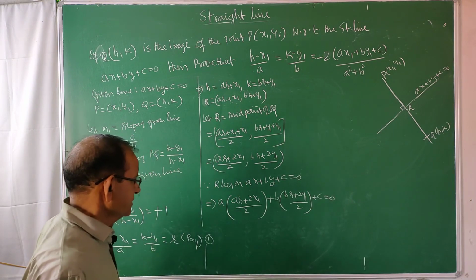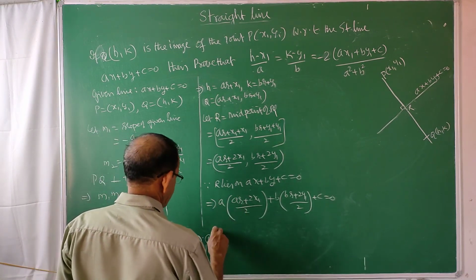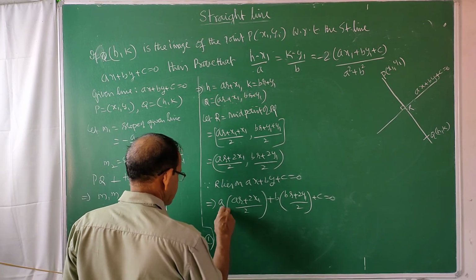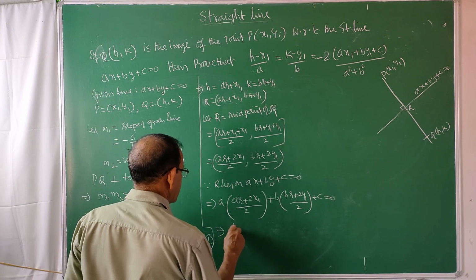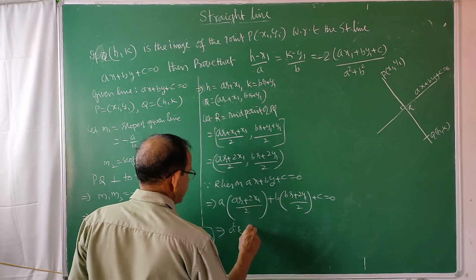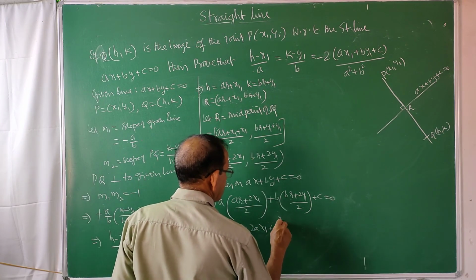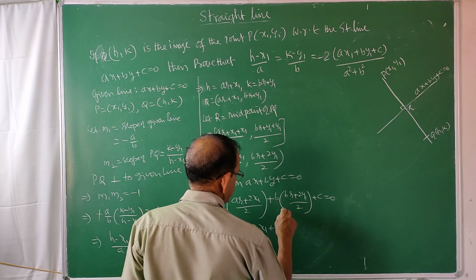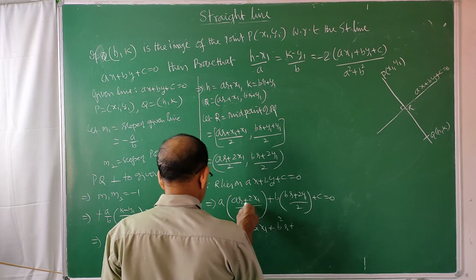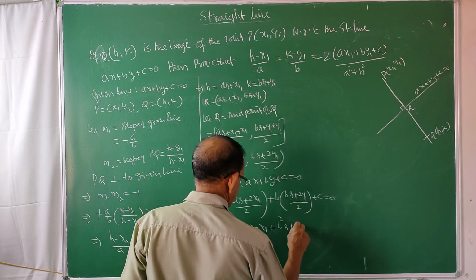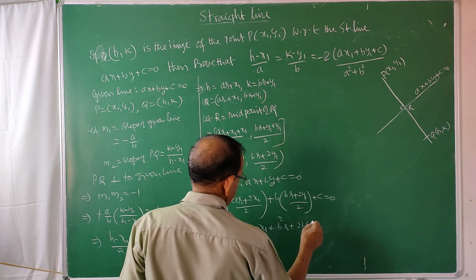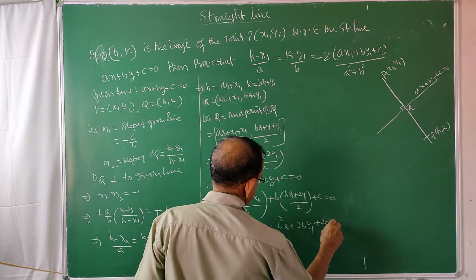Take LCM and cross multiplication. That implies A square R plus 2AX1 plus B square R plus 2BY1 plus 2C. After taking LCM, you will get 2C here.